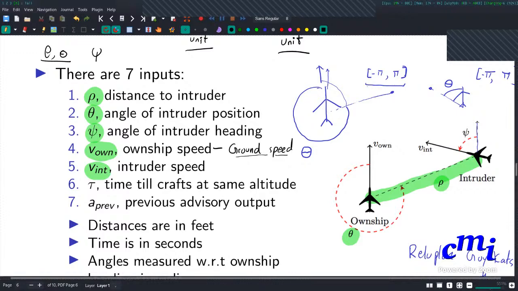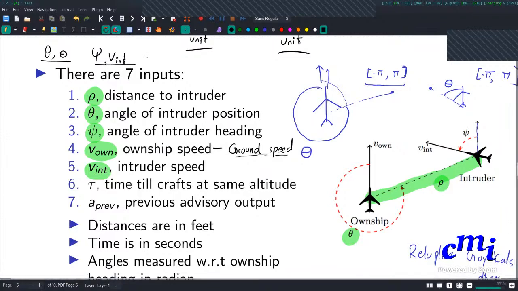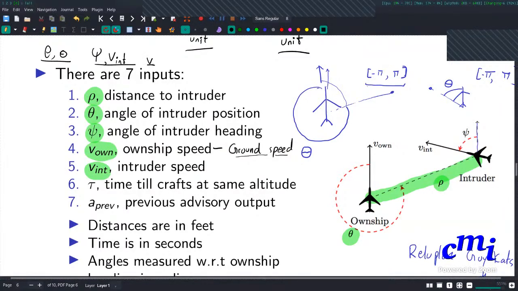Similarly, psi and intruder speed gives you the intruder's velocity. And of course, you have your own velocity, and your own velocity doesn't need to have an associated direction because everything is with respect to the direction of your velocity itself, right? So in terms of 5 inputs, we're giving all of this information, and this completely describes the 2-dimensional situation, at least relative to your position.